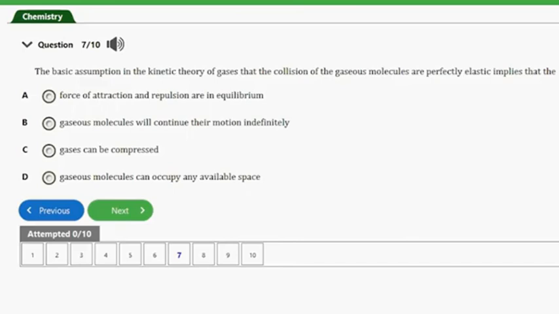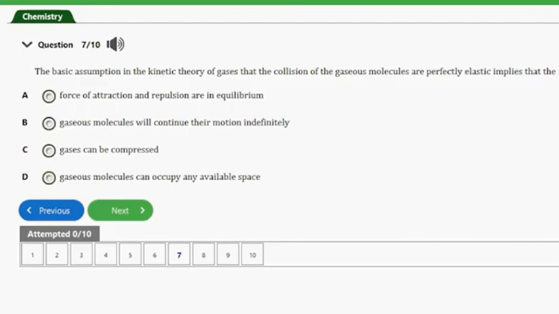The question says the basic assumption in the kinetic theory of gases that the collision of the gaseous molecules are perfectly elastic implies that: A, force of attraction and repulsion are in equilibrium, B, gaseous molecules will continue their motion indefinitely, C, gases can be compressed, D, gaseous molecules can occupy any available space.